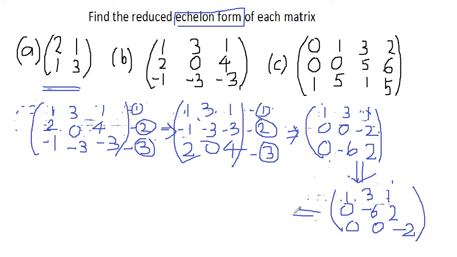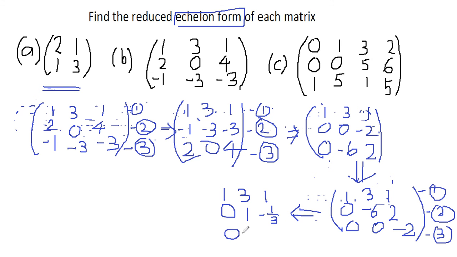Since it's already in echelon form, again 1, 3, 1, and the second row you can divide by minus 6. So it's 0, 1, and 2 divided by minus 6 is minus 1 over 3. For the third row, you divide by minus 2, so that equals 1.